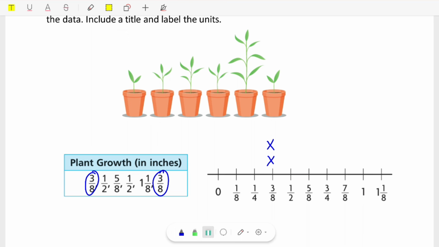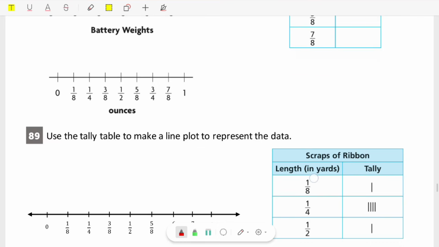What about half? Half is repeated 2 times, so on top of the half we're going to put 2 x's. Okay, the next one is 5/8 repeated 1 time, and 1 and 1/8 repeated 1 time. So that's it. That's the line plot, easy.